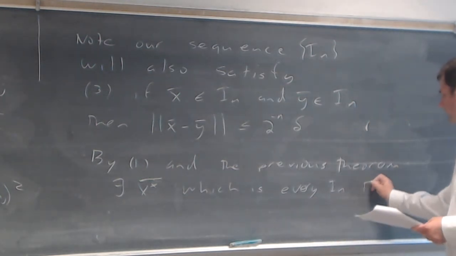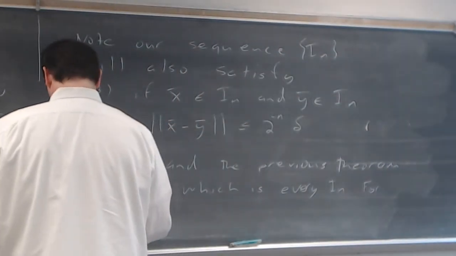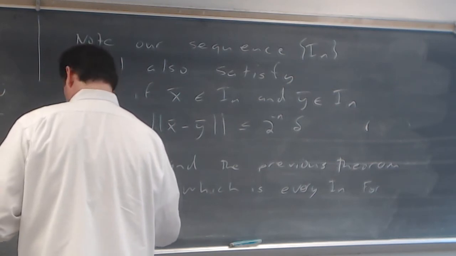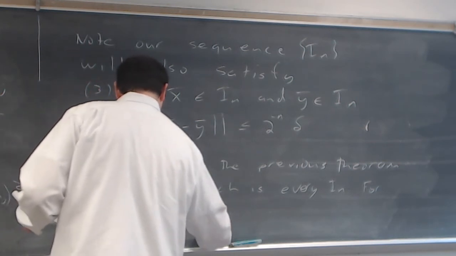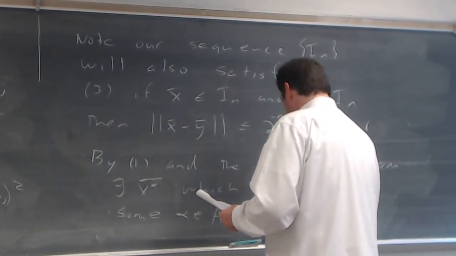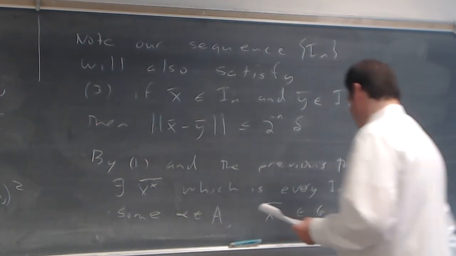Now, for some alpha element of A, this x sub star bar will be an element of G sub alpha.